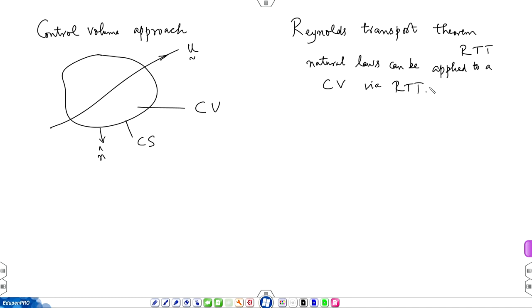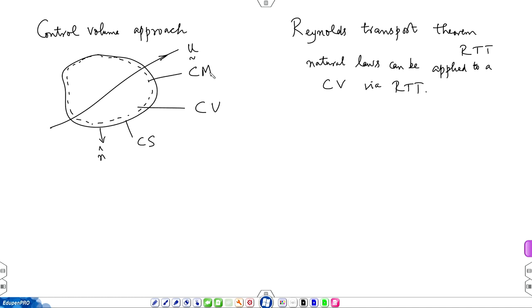So, in RTT, you identify that constant mass as the material contained in this control volume. So, Cm and Cv overlap each other at a chosen time instant, but if you think of it later, that Cm has gone somewhere else, all those particles have gone away, but Cv remains over there.